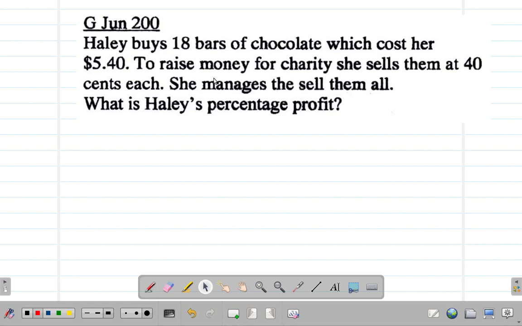Haley buys 18 bars of chocolate, which cost her $5.40. So we have 18 at $5.40 each.